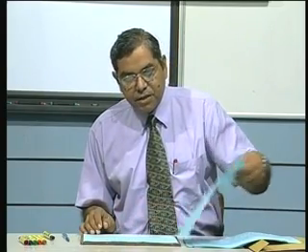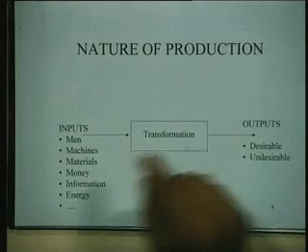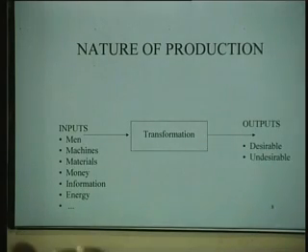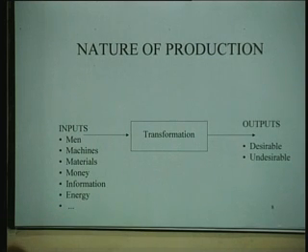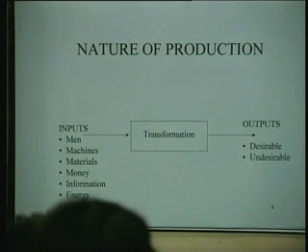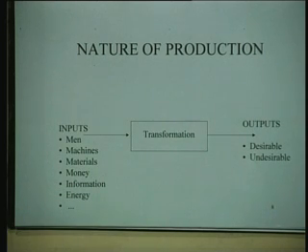However, this is the most elementary way of looking at the production system. What we may now do is, we might say for instance that we can categorize these inputs and outputs. For instance, it is not a single input that you are dealing with in a production system. There are a variety of inputs that you are dealing with.